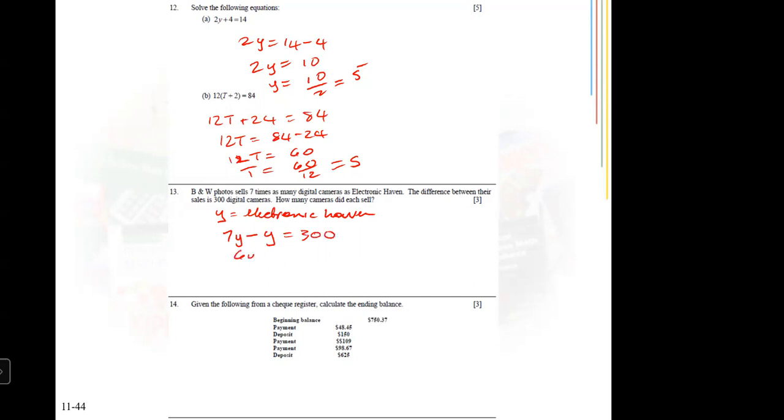So 6Y equals 300. So Y would be equal to 300 over 6 equals 50. So 50 would be for Electronic Haven, and 7 times 50 equals 350. So that would be for B and W. So B and W would be 350.